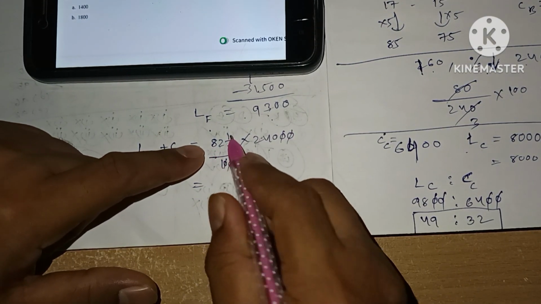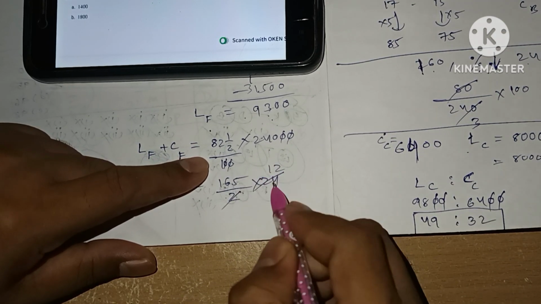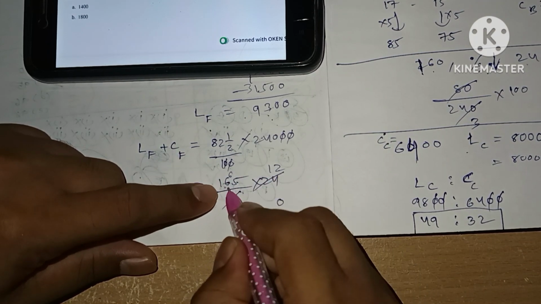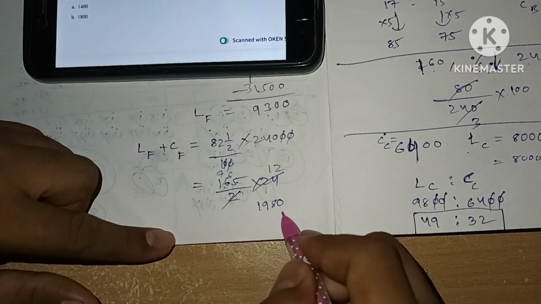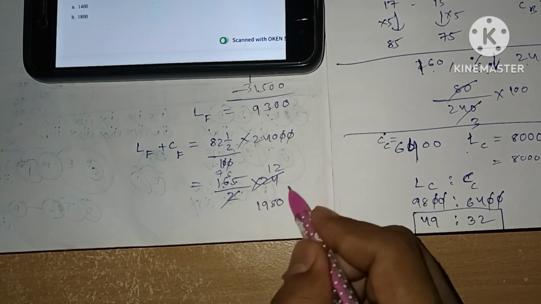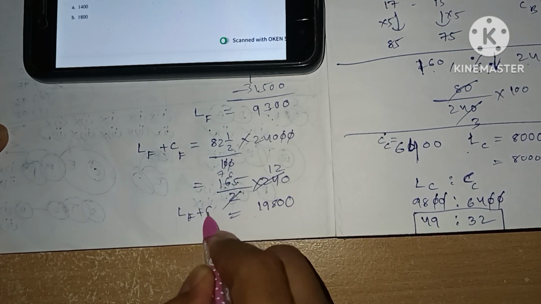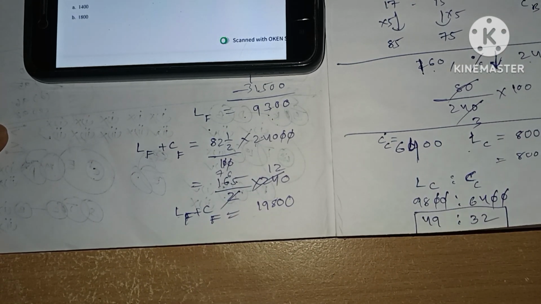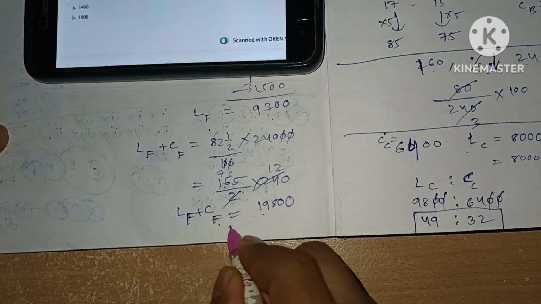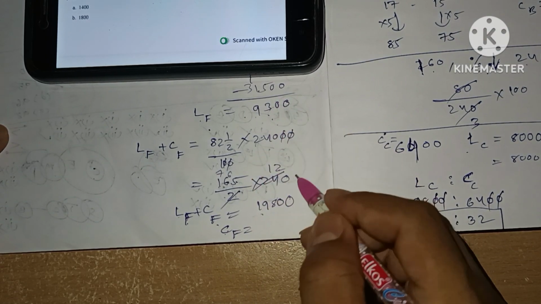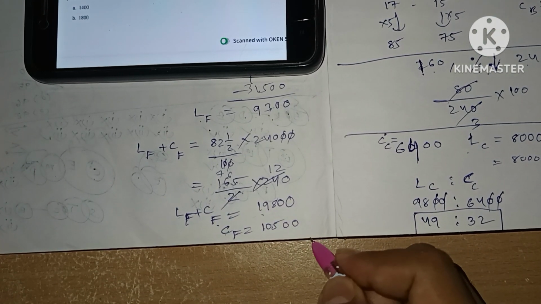This will be 165 divided by 2 into 240. 12 5 times is 60, 12 6 times is 72, and 7 makes 19, so 19800 is the total value of LF plus CF, life and commercials of city F. We have LF and we have LF plus CF, so from these two we can find the value of CF by subtracting. 10500 is the answer for CF.